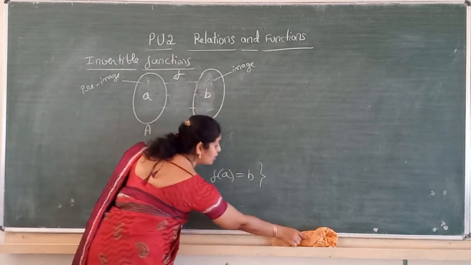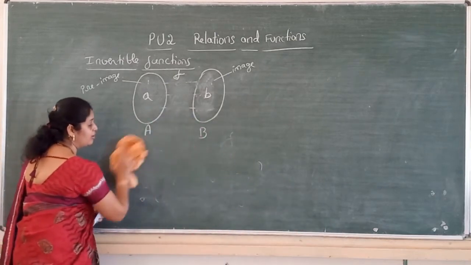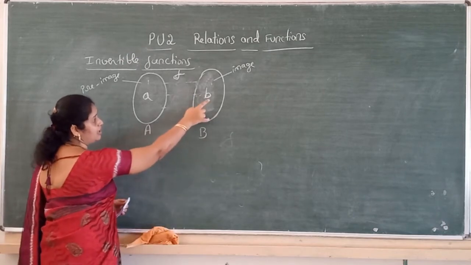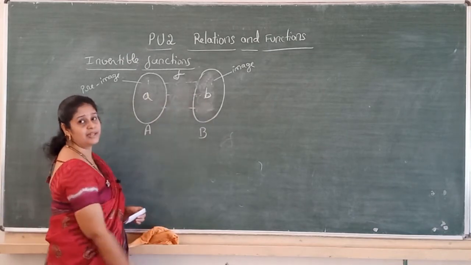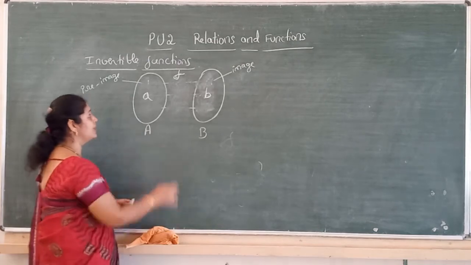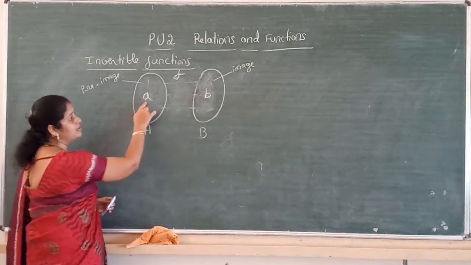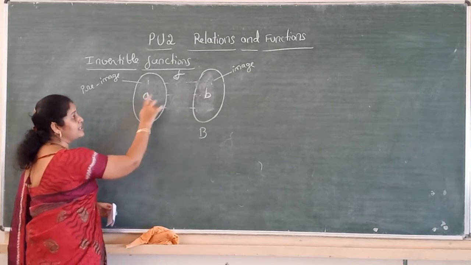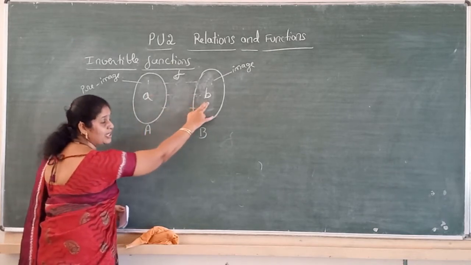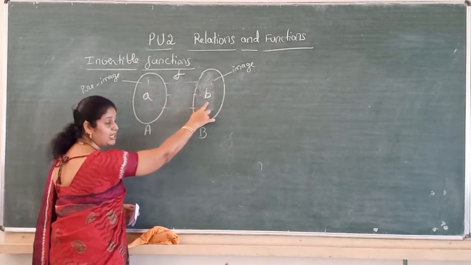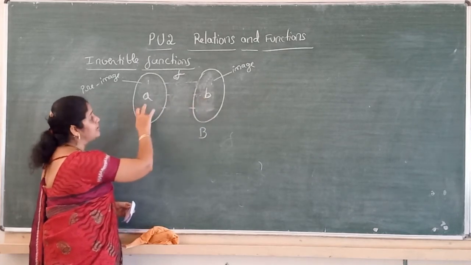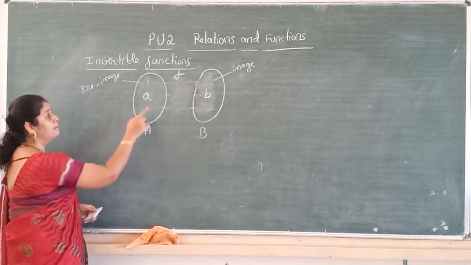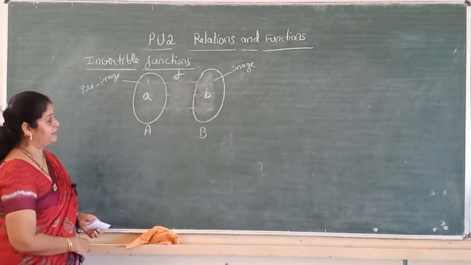Okay, that is about inverse of an element. If you choose any element here, you can write that f of a is b, then a is inverse image of element b. That way we can write.